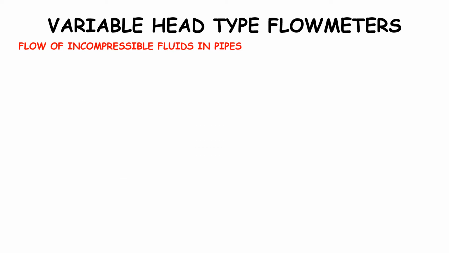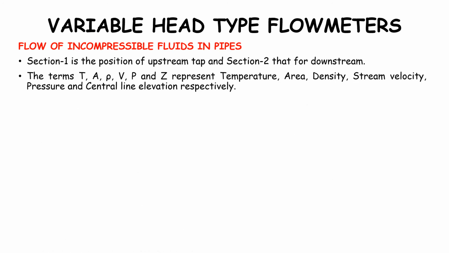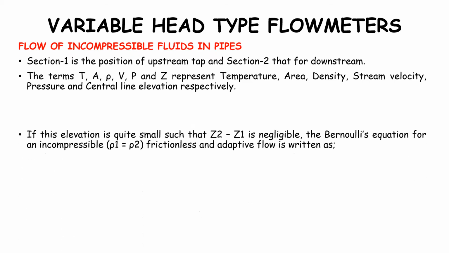First we will see how the flow of incompressible fluids in pipes occurs. As I've told you earlier, section 1 is the position of the upstream tap and section 2 is downstream, and the terms T, A, rho, V, P and Z represent temperature, area, density, stream velocity, pressure and centerline elevation respectively.